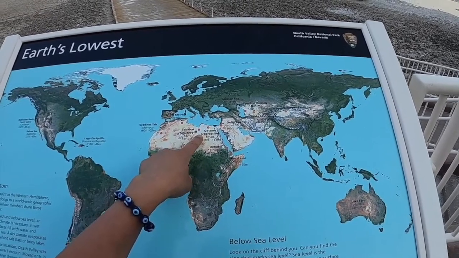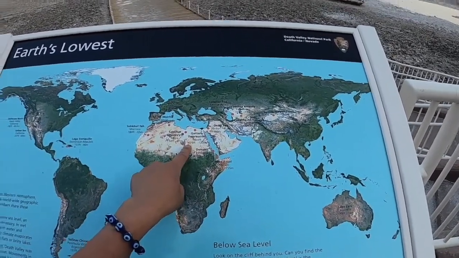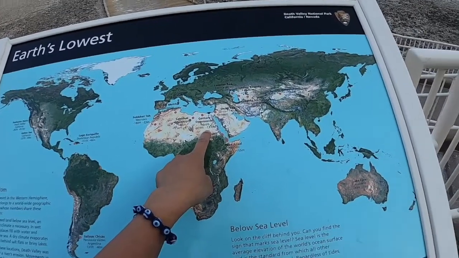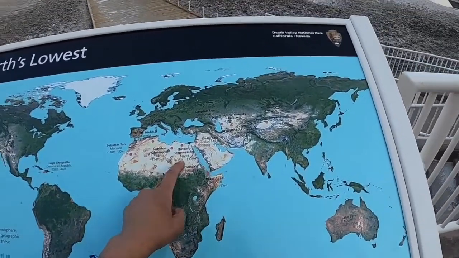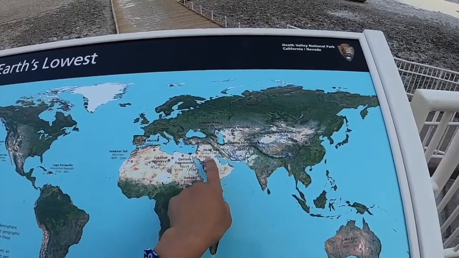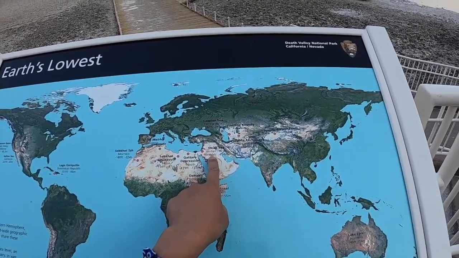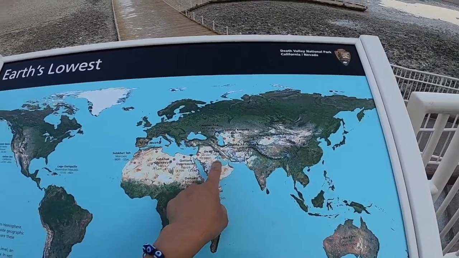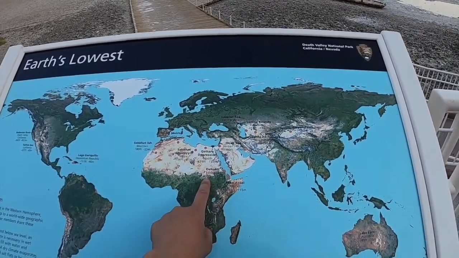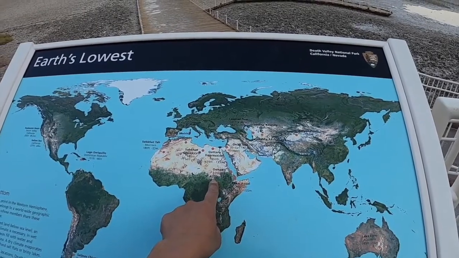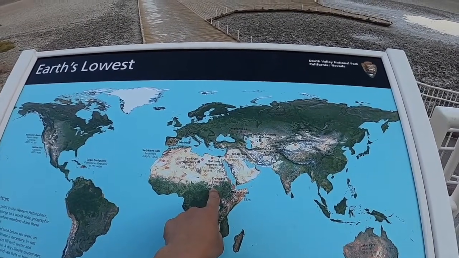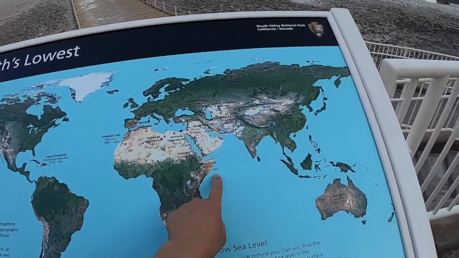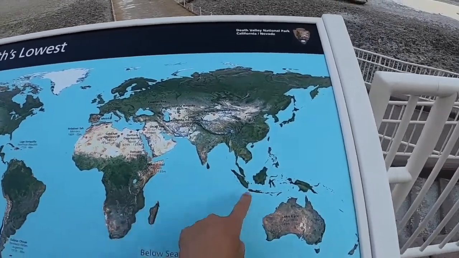Egypt has the Qattara Depression, minus 435 feet, minus 133 meters. And then the Dead Sea, wow, in Jordan and Israel, is minus 1,360 feet, minus 414 meters. The one in Danakil, Ethiopia, is minus 410 feet, minus 125 meters, etc.